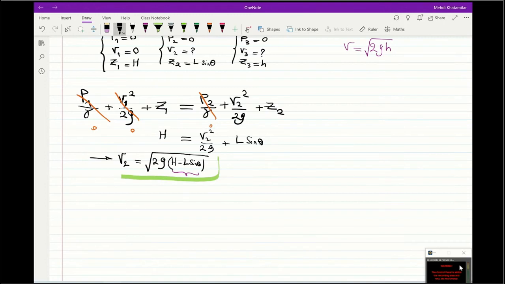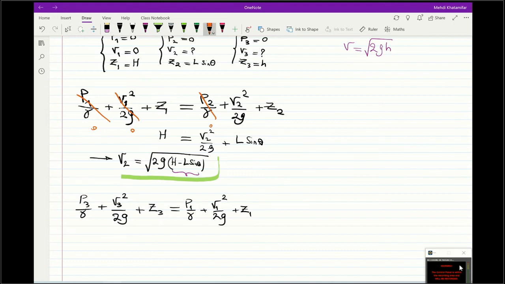Let's write the Bernoulli equation between point 3 and 1. So P3 divided by gamma plus V3 squared divided by 2g plus Z3 is going to be equal to P1 over gamma plus V1 squared over 2g plus Z1.